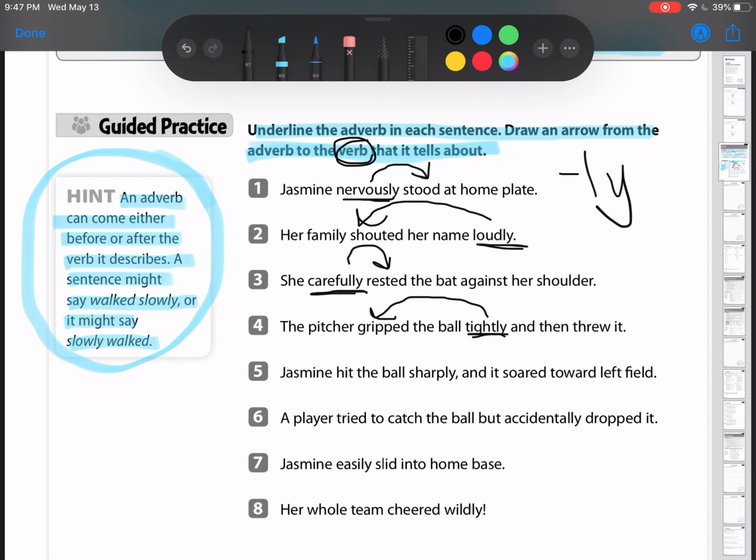So Jasmine hit the ball sharply. It soared toward left field. Again, here's our adverb, sharply. What describes sharply? The way she hit the ball. That's our verb. A player tried to catch the ball but accidentally dropped it. Here's our adverb.